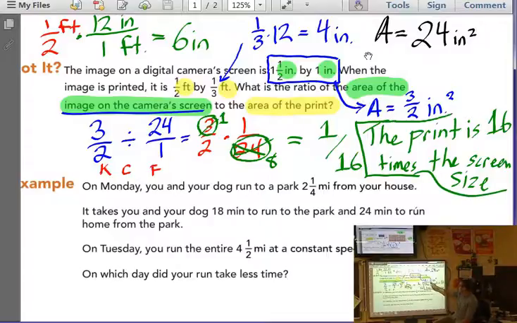Because this tells me the screen size is 1/16 of the print. But talking in 1/16 of something is a lot more difficult than saying it is 16 times something.